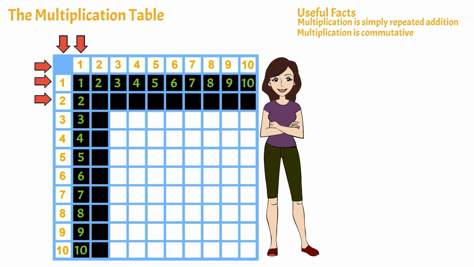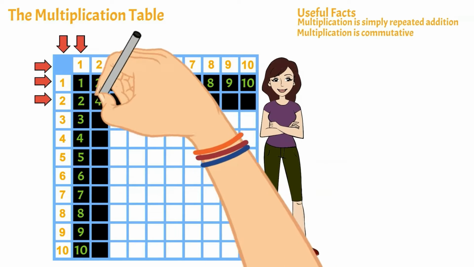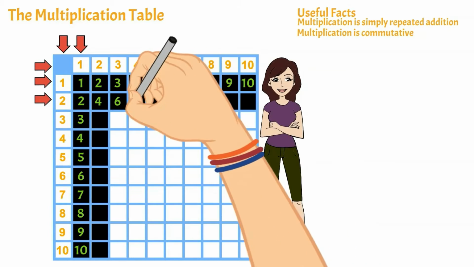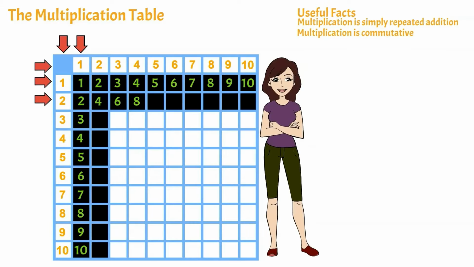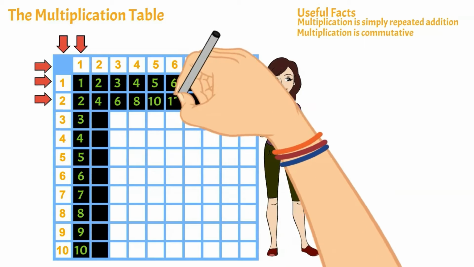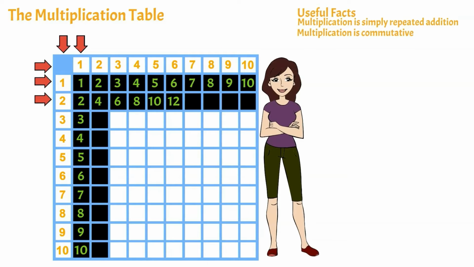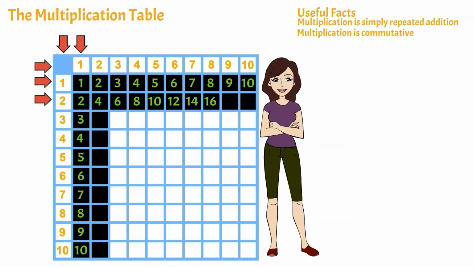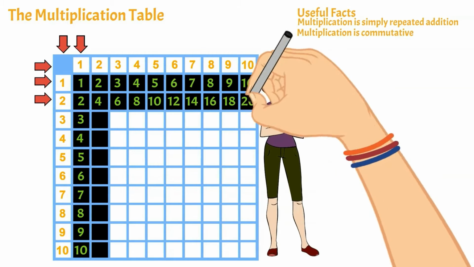Let us start with 2 times 2. 2 times 2 equals 4. 2 times 3 equals 6. 2 times 4 equals 8. 2 times 5 equals 10. 2 times 6 equals 12. 2 times 7 equals 14. 2 times 8 equals 16. 2 times 9 equals 18. 2 times 10 equals 20.